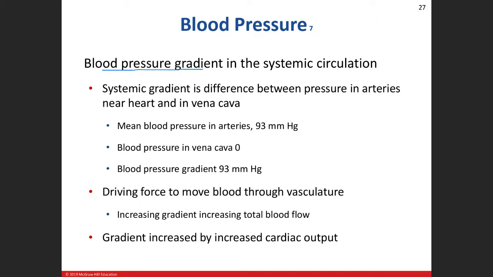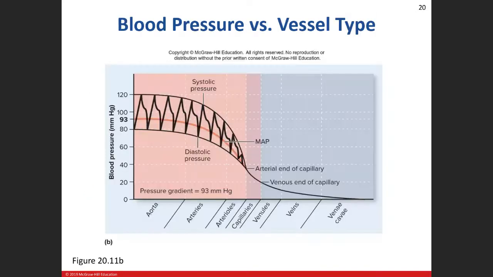So the highest area of pressure for our systemic circulation is immediately that blood that gets pumped out through the aorta. Going back to this slide, this graph is showing us our blood pressure. High here in the aorta, and then as we get to the smaller vessels, like the arteries and then the arterioles and the capillaries, it decreases. Can we all agree on that pattern there?